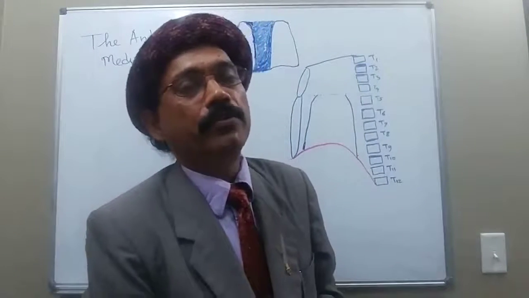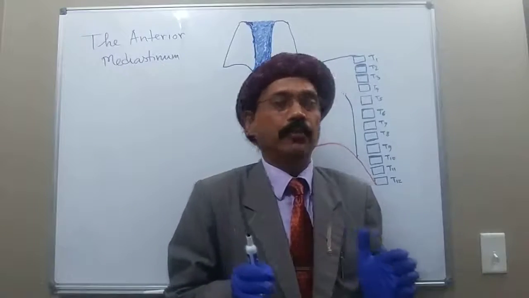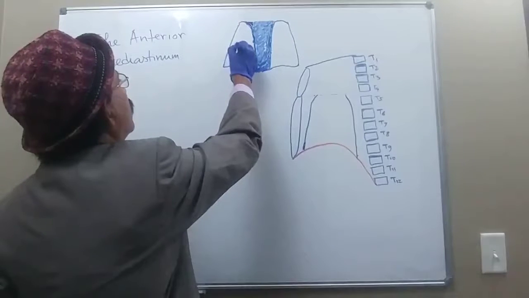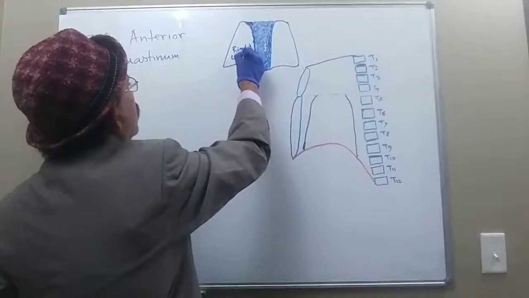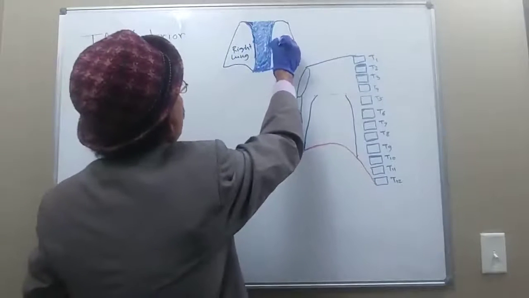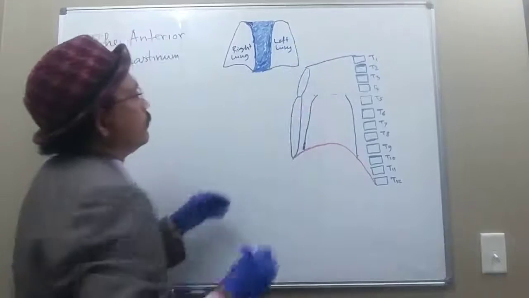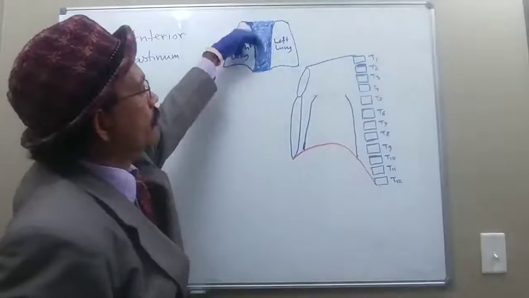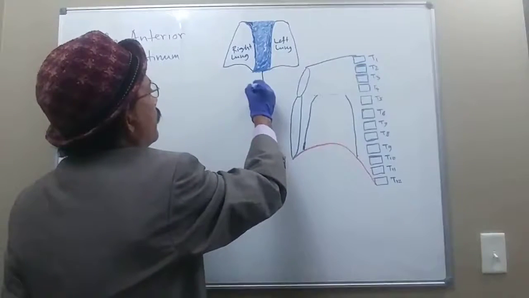Today I will discuss the anatomy of the anterior mediastinum. We know the mediastinum is a group of structures between the lungs. Suppose this is the right lung, and this is the left lung. The structures in between them, this shaded area, is the mediastinum.